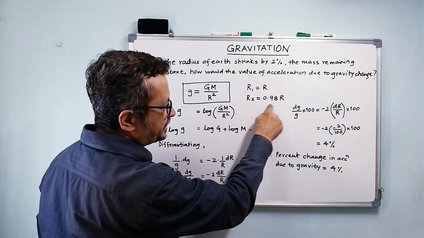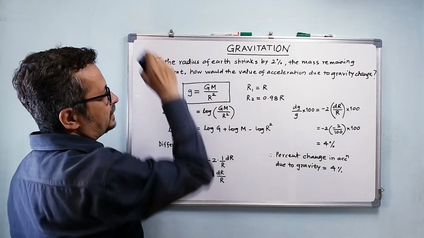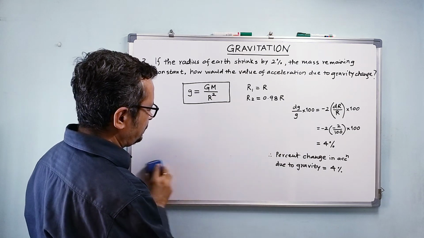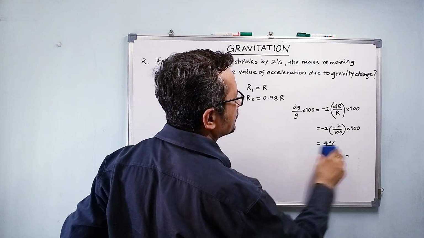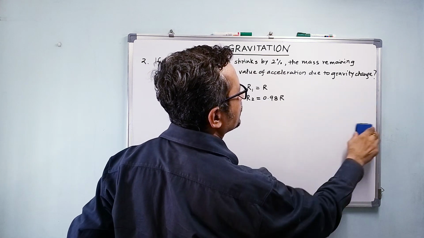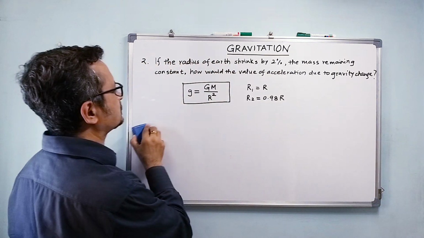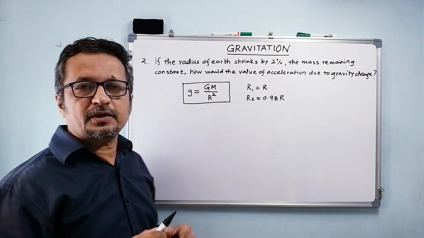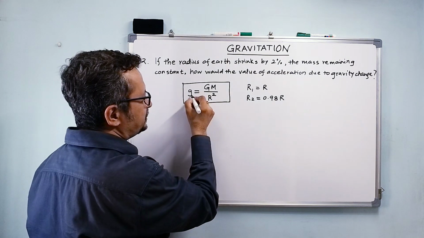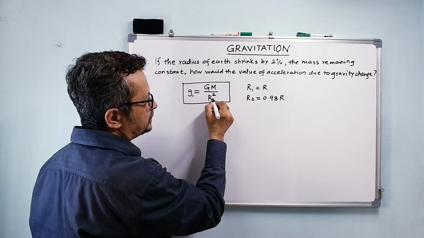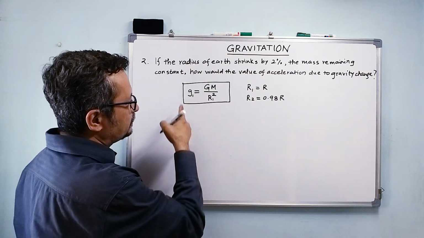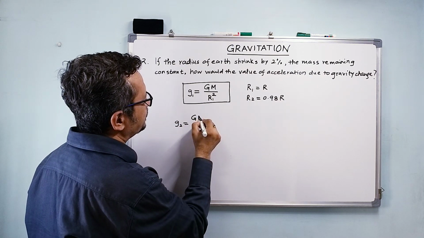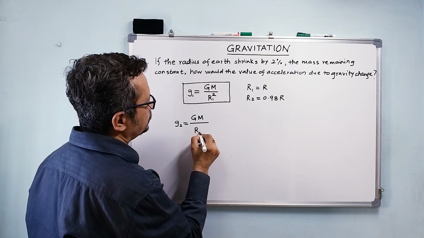But then can we use the direct method and get the same results? Let us check if we can get it. My g is GM upon R square, correct? So I would say g1 is equal to GM upon R1 square. And what about my g2? My g2 would be GM upon R2 square.